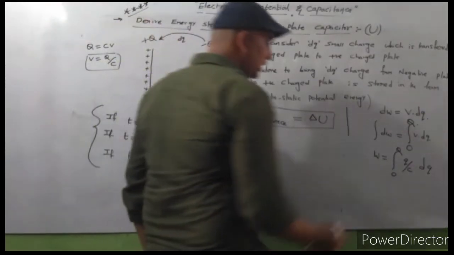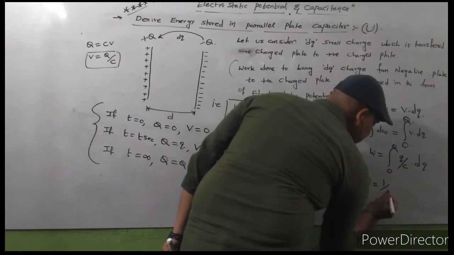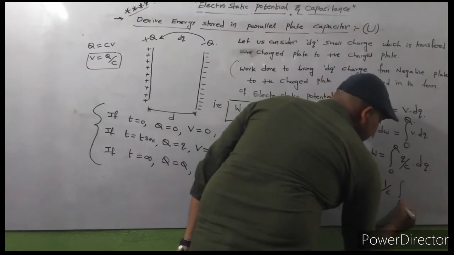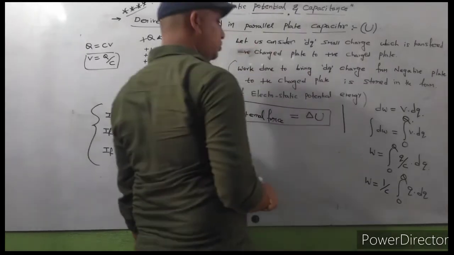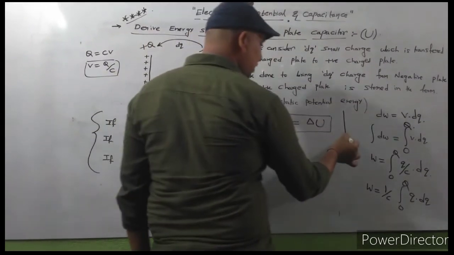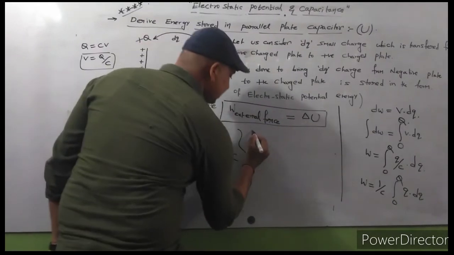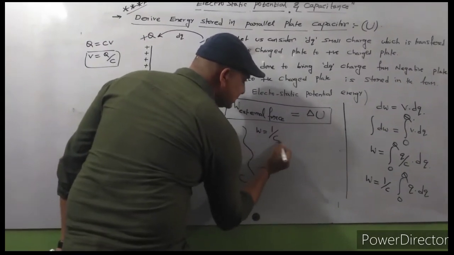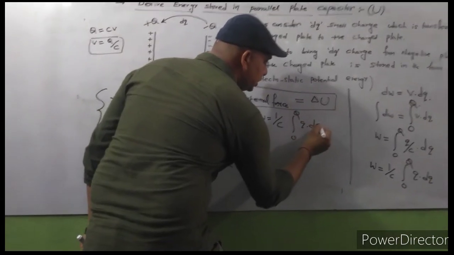So observe carefully here. 1 by C is constant, capacitance is constant here, integral 0 to Q, small q into dq. So W is equal to 1 by C into integral 0 to Q of q dq.